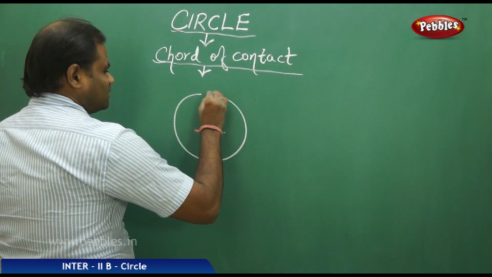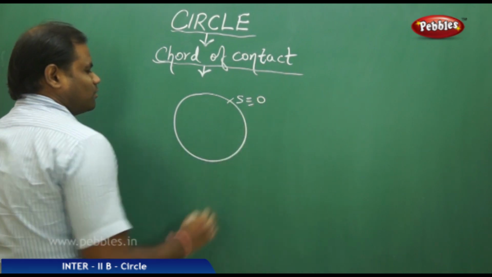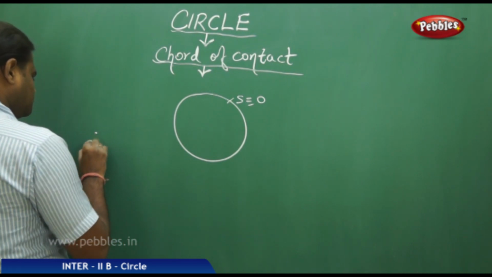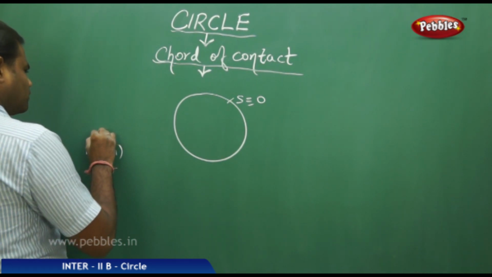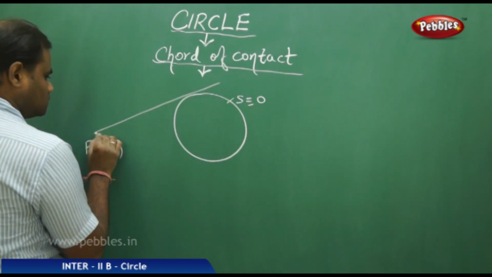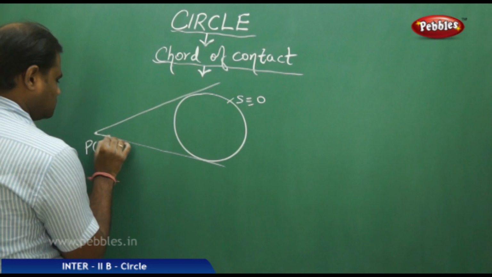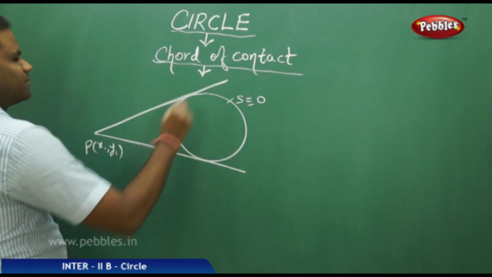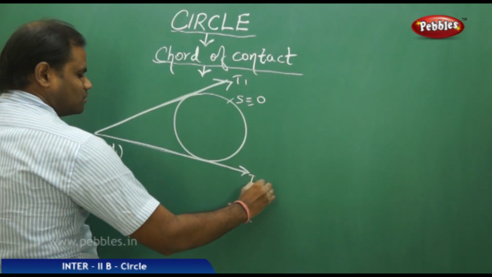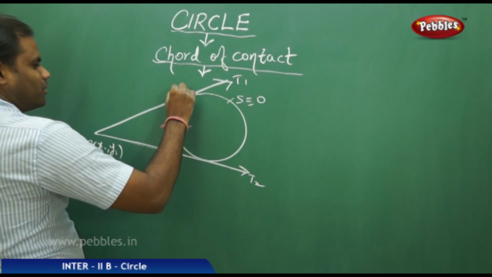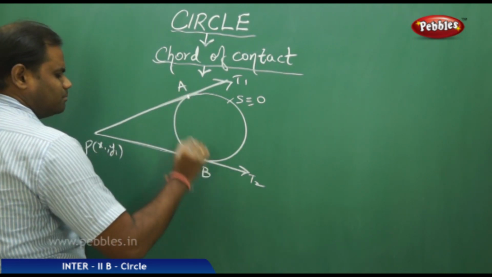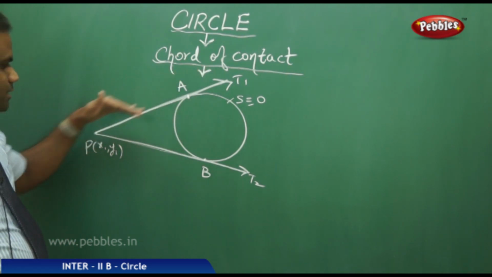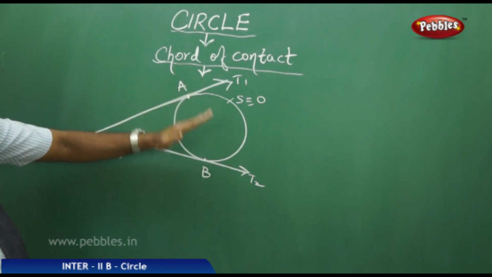I have a circle S equals 0, and I have an external point P(x1, y1) from where I can draw the two tangents T1 and T2, which make the points of contact as A and B. Now, as we know that from an external point there are two tangents which can be drawn to the circle, that is, there are 2 points of contact.